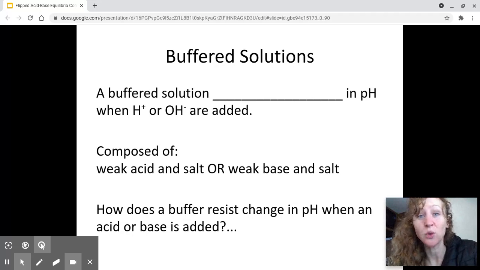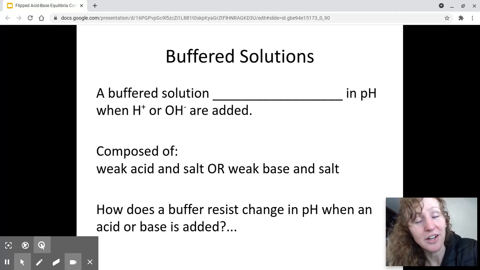If we get too hot or too cold, we will perish. Same thing is true for pH. We really can't survive very large changes in pH. And I'm talking about like a pH change of 1. We would not survive a pH change of 1 in our blood.